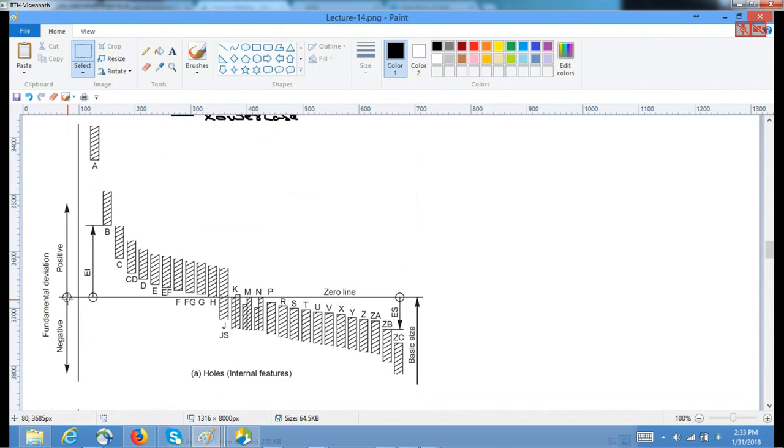You can see this is the negative side of the deviation, and this is the positive side of the deviation. And you can clearly see that this capital H has a zero deviation from the zero line.